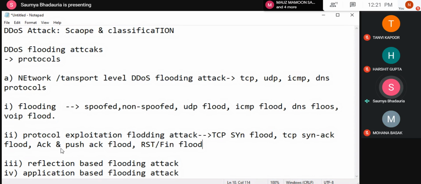Okay, so the third one is the reflection-based flooding attack. Reflection-based flooding attacks normally involve attackers who are sending forged requests. So how are you sending forged requests? Let's say I'm sending an ICMP echo request.